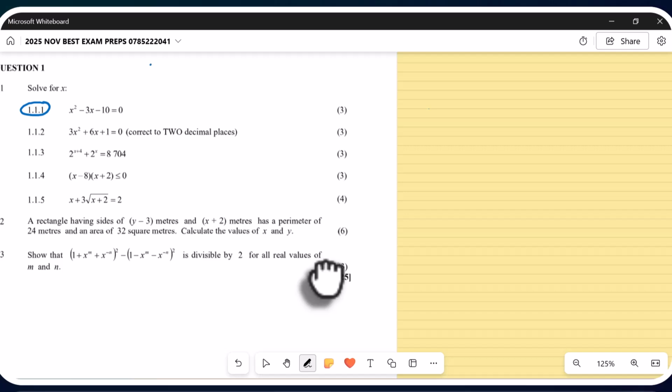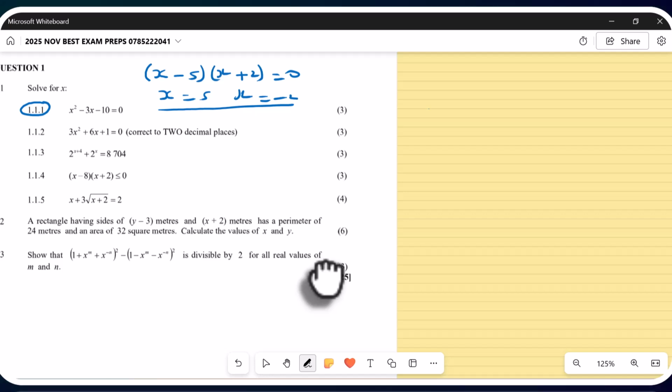Then here again, they say solve for x, but they want two decimal places. Like we said before, we're going to use the quadratic equation formula. In this particular case, our a is 3, our b is 6, our c is 1. So x equals minus b, don't forget minus b, plus or minus the square root of b squared minus 4ac, divided by 2a.